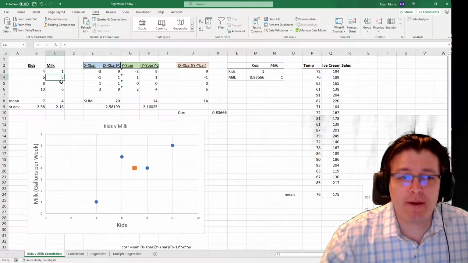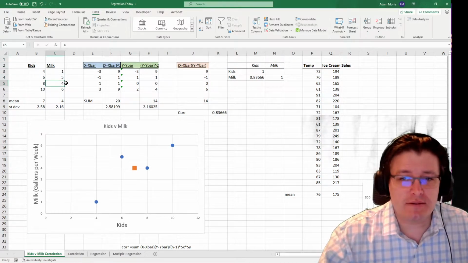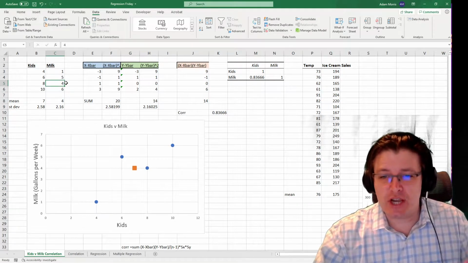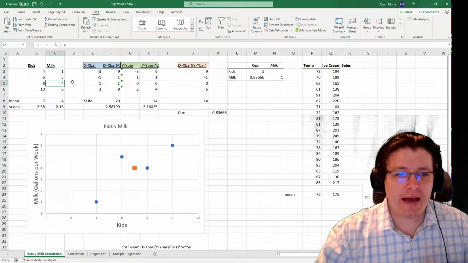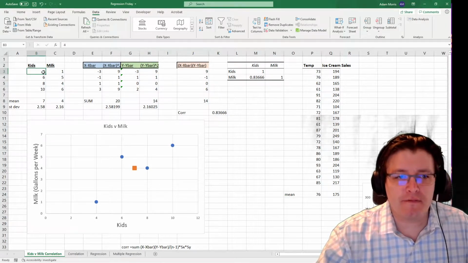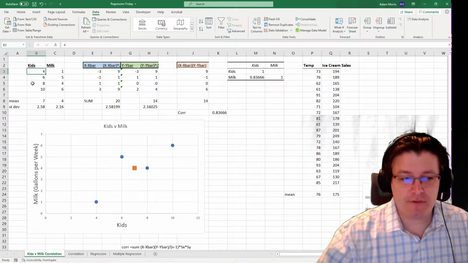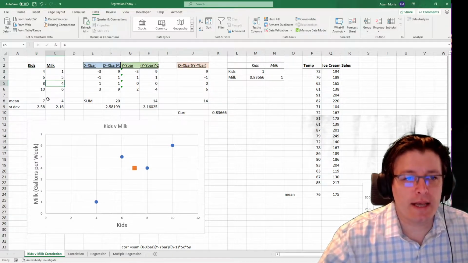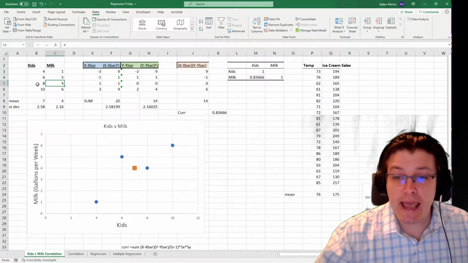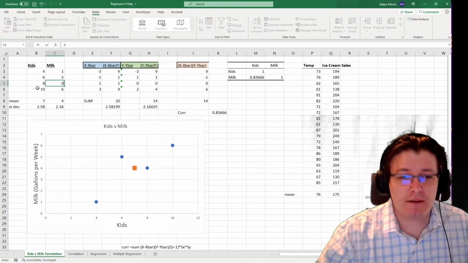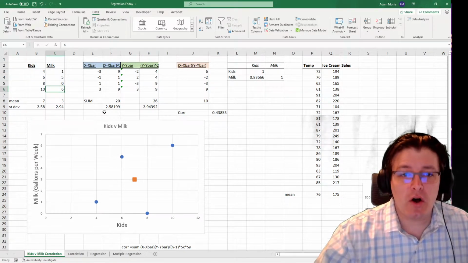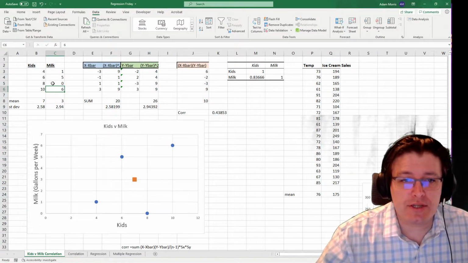So if we play around with this data, and I'm just going to do something, never do this, never change your data, but if we were to have taken a different sample, if we would have gotten a different set of families, and say for instance, we got a family of 8 that happen to be, let's say they're vegan and they don't drink any milk, that's going to alter our calculations quite a bit, right?